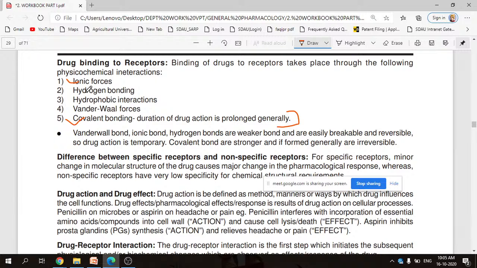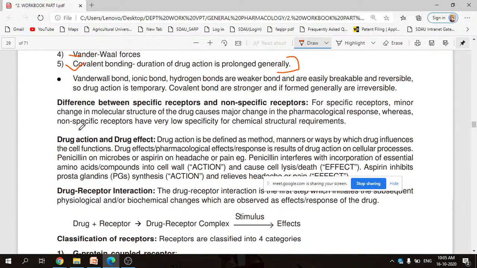Ionic force is again weak, hydrogen bonding is again weak, and hydrophobic interaction is again very weak. Van der Waals force is somewhat stronger, but the strongest one is covalent binding. Here you can see the van der Waals bond, ionic bond and hydrogen bonds are weaker bonds and are easily breakable and reversible.